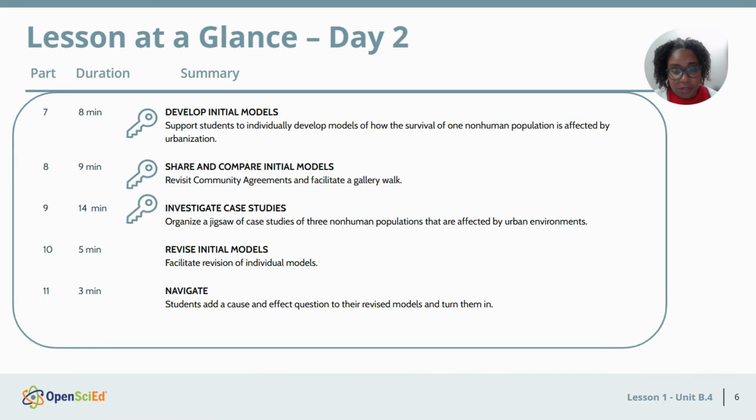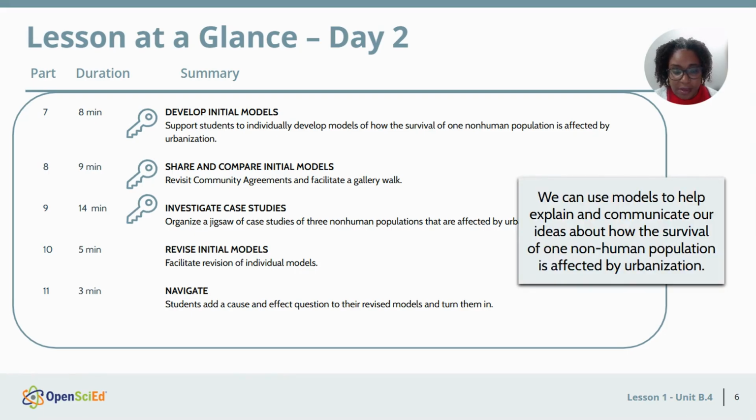The next sense making loop takes place on day 2. On this day, the students' focus shifts from non human populations to developing and refining models. And students are going to figure out that we can use models to help explain and communicate our ideas about how the survival of one non human population is affected by urbanization.